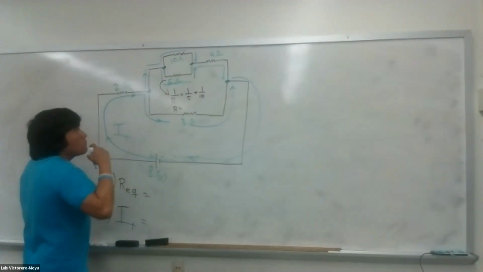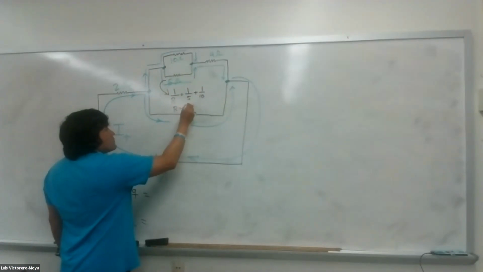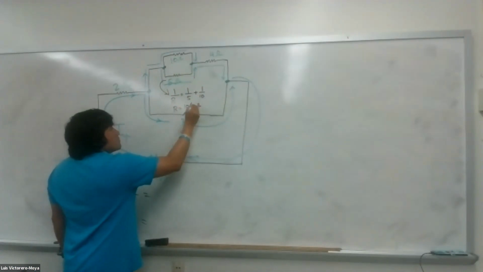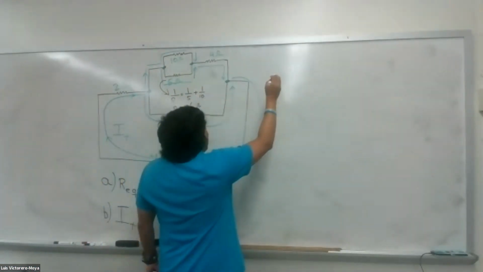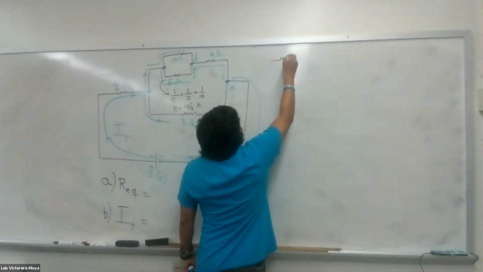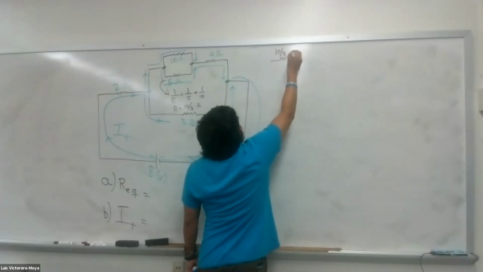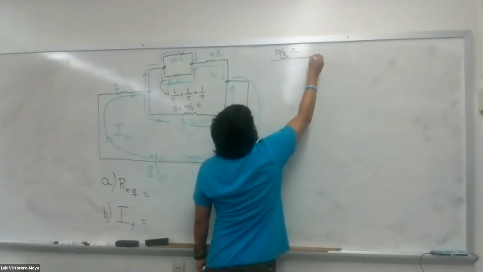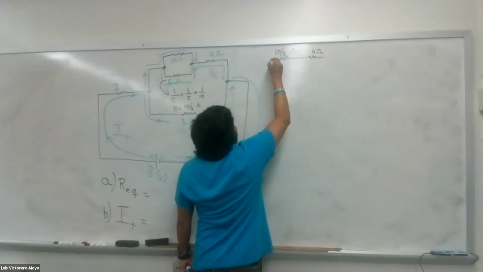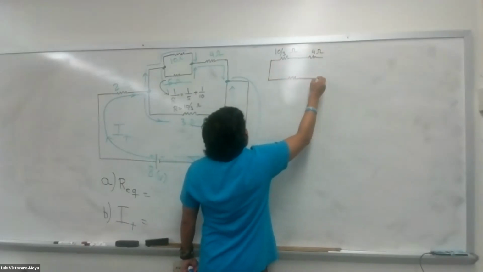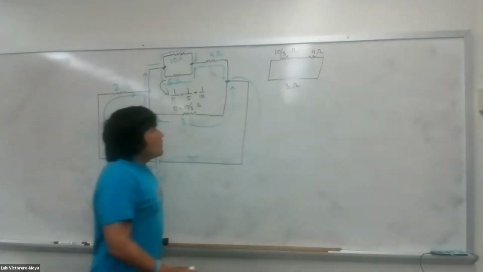So how much is the R? 10 over 3 ohms. So I have 10 over 3 ohms in series with 4 ohms, and then all of them in parallel with this guy here, 3 ohms. All right.